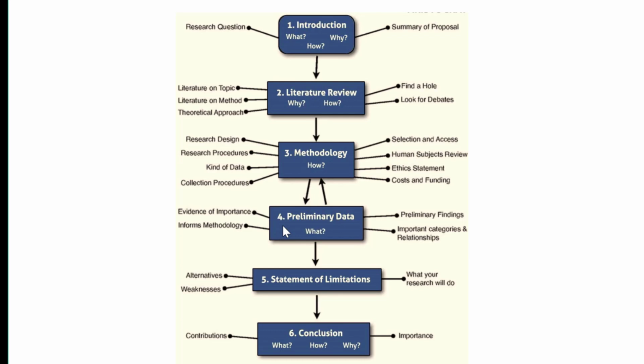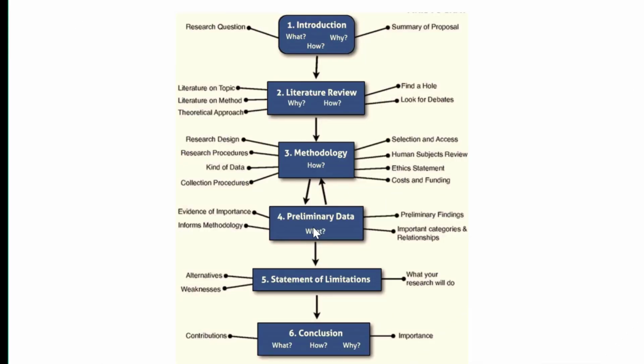This chapter gives evidence of importance and also informs the different kinds of methodologies and tests you have applied. This chapter also gives a preliminary finding after the discussion, and you can also discuss important categories and the relationship between the question and what you have got in the findings.